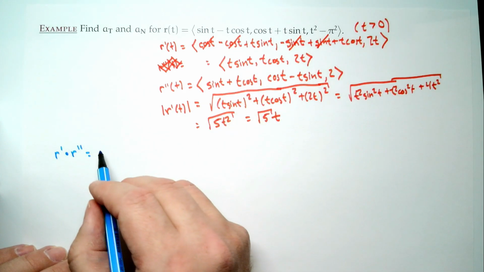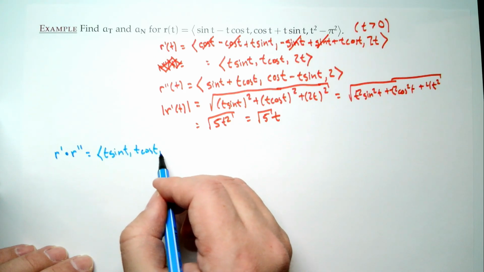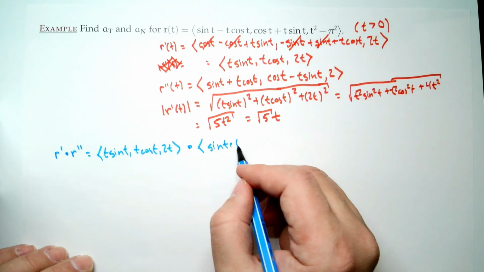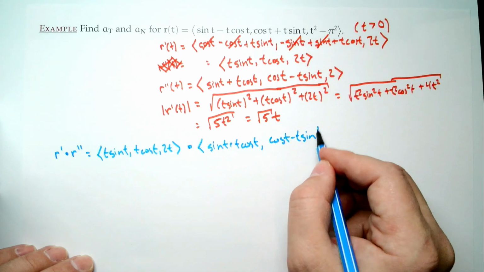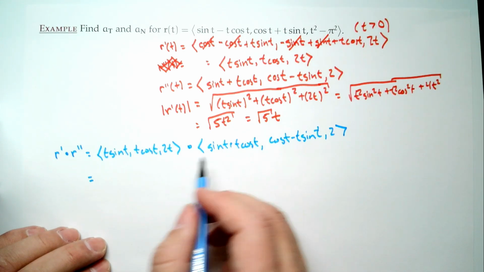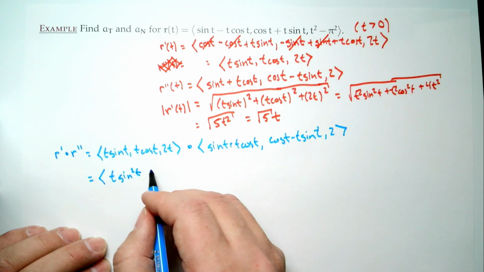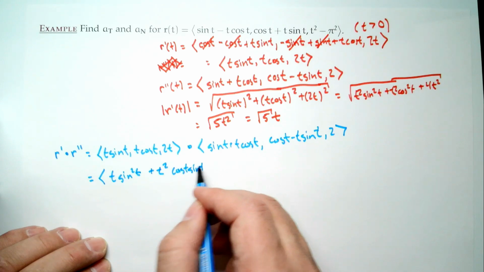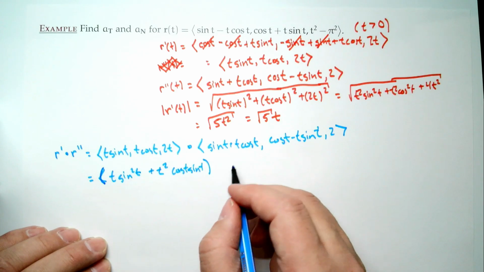That's (t sine t, t cosine t, 2t) dot (sine t plus t cosine t, cosine t minus t sine t, 2). Taking the dot product, that would be t sine squared t plus t squared cosine t sine t as the first term.